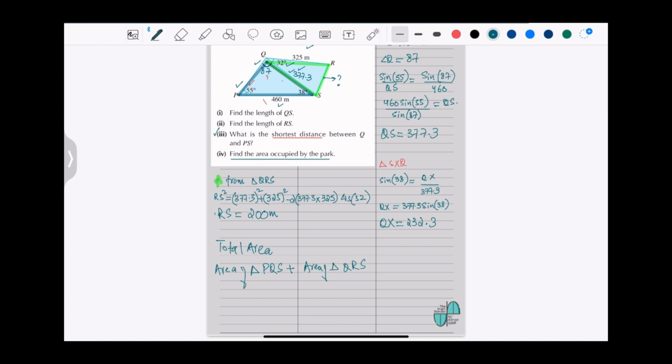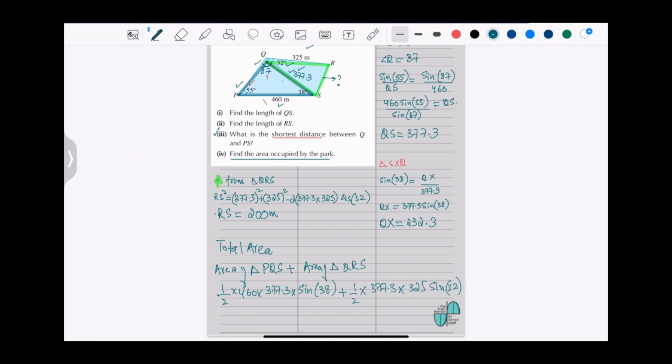QRS, which is going to be 1 over 2 times, now any two sides that you multiply and it is given 460 times 377.3 times sine of angle 38 plus 1 over 2 times 377.3 times 325 sine of 32.